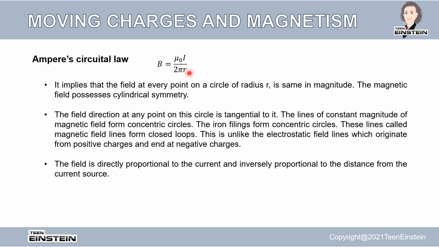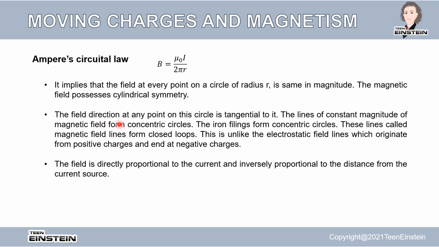So for example, if you have a straight current carrying wire, and if you look at equal distance r, that means in a cylindrical way, then the B is going to be the same. So a current carrying wire has a cylindrical symmetry because B depends only on r other than I. If I is constant, then it depends only on r.